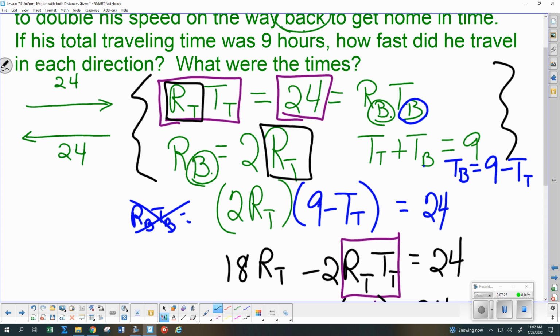So if we do this top one, so Charlene wants to plug in on that. We just said RT was 4. So if 4TT is 24, everybody shout out, what's TT? 6. What will my units be?